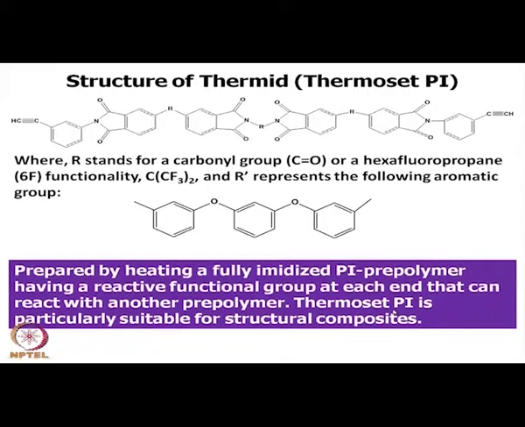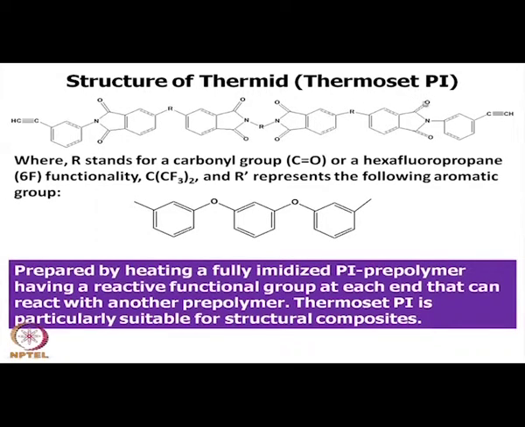Let us look into other types of polyimides. Say this is a thermoset polyimide. Now, the previous polyimide, say Kapton, is not a thermoset polyimide; although it is insoluble and infusible, we cannot call it thermoset. The polyimide can even be converted to a 3-dimensionally cross-linked network polymer, that means a thermoset polyimide.